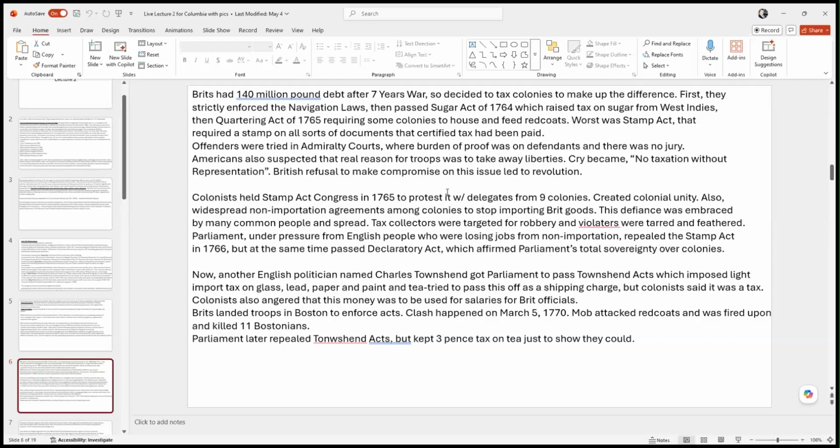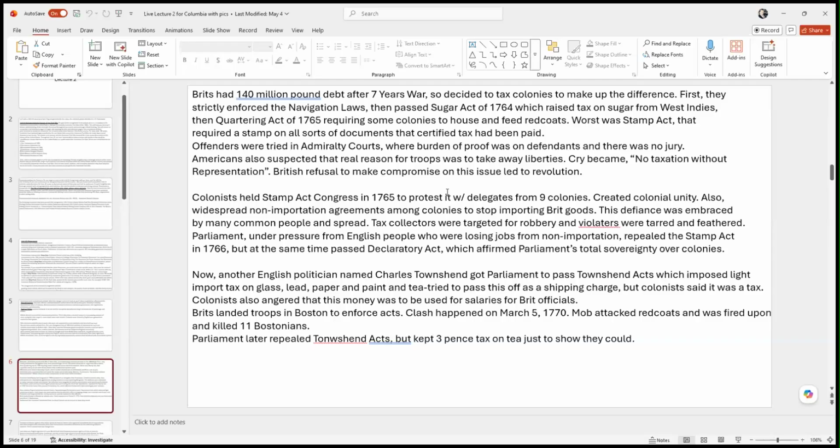There were protests, and at one of these protests, violence occurred. The British had sent more soldiers into the colonies, particularly into Massachusetts, to enforce all these new laws. And in Boston, in March of 1770, there was a confrontation. Depending on whether you believe the British version of events or the colonial version, it differs.